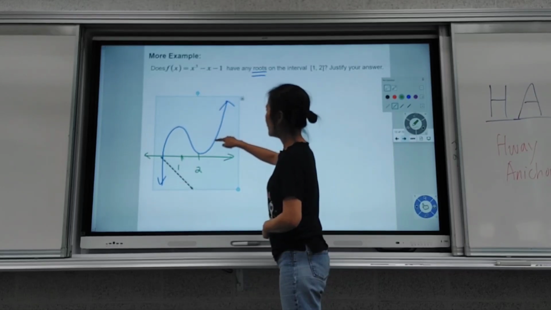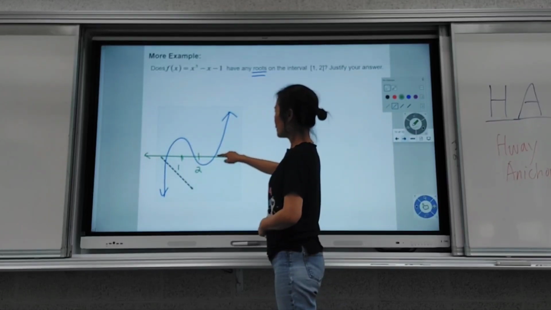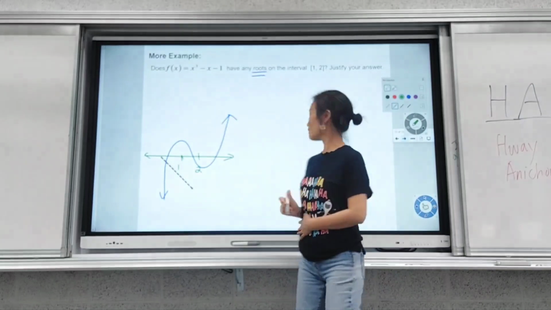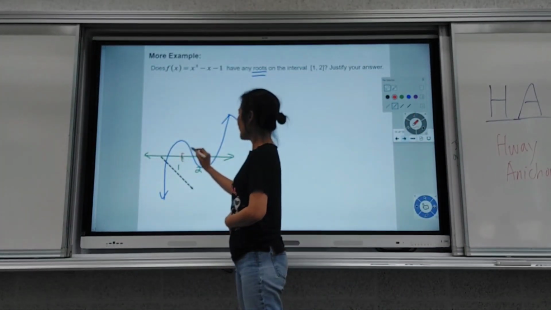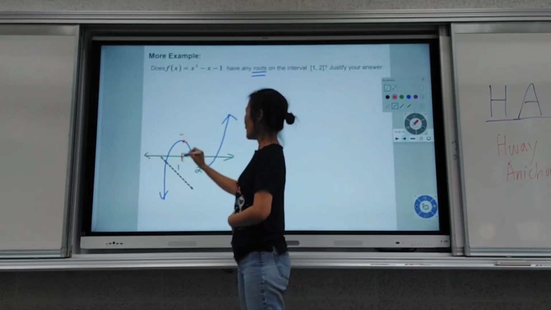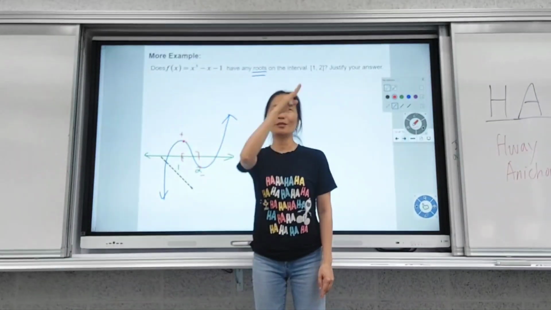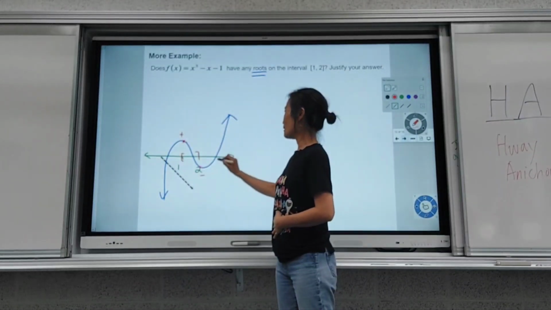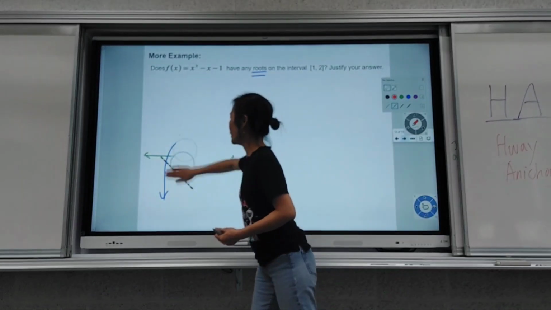Is there a 0 between 1 to 2? Still no, right? So if this is the case, is there a 0 between 1 to 2? Yes. So what do you need to check? You need to check this interval, the endpoints. You see this is a positive value, negative value. If you want to go from positive to negative, don't you need to cross the 0? Or vice versa, if I go from negative to positive, don't I need to cross that? So that is your scenario here.